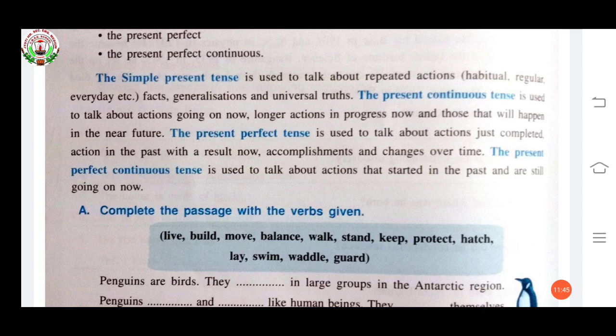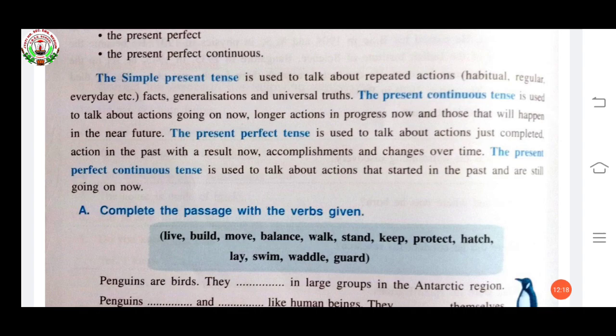The present perfect tense is used to talk about actions just completed, a just completed action in the past with a result now. For example, if you are writing in your class and suddenly you say, "Ma'am, I have completed," or "Ma'am, I have done," or "she has done," "he has done," this is called present perfect.